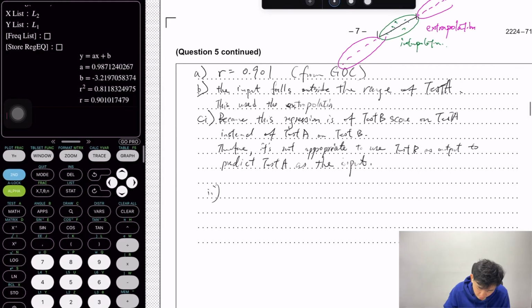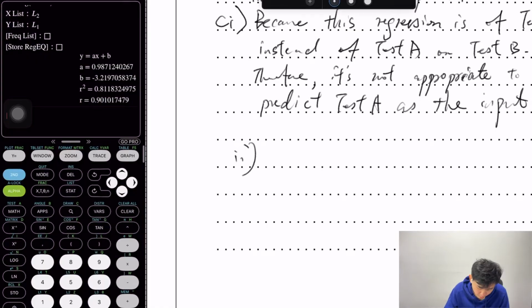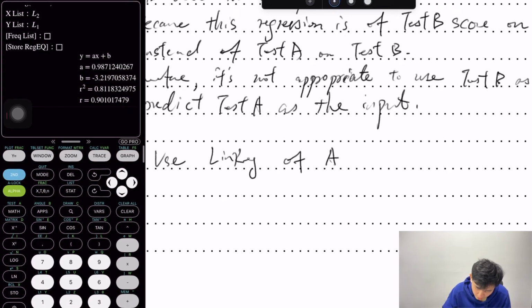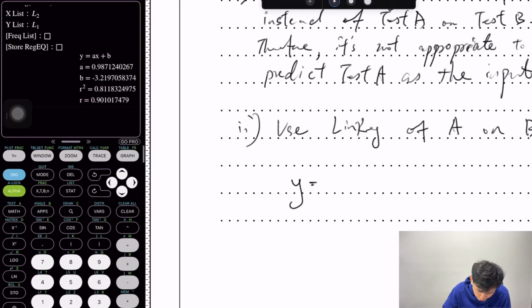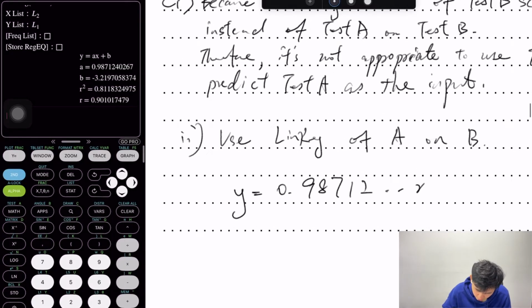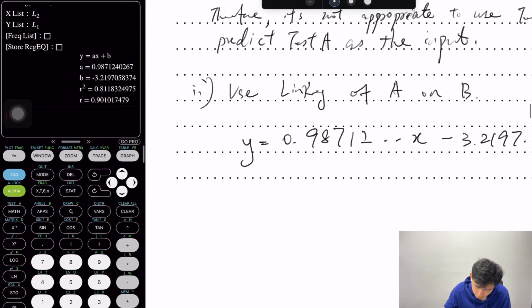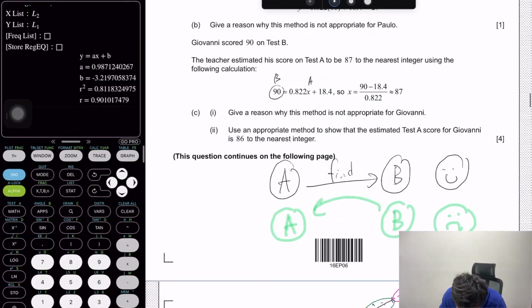Now if we have the test B result, we can use a linear regression line of A on B. The linear regression line is y equals 0.98712x minus 3.2197.